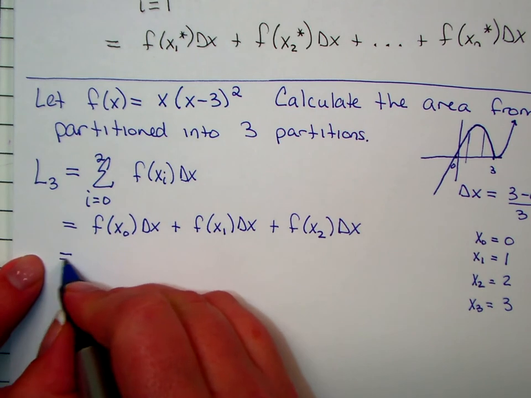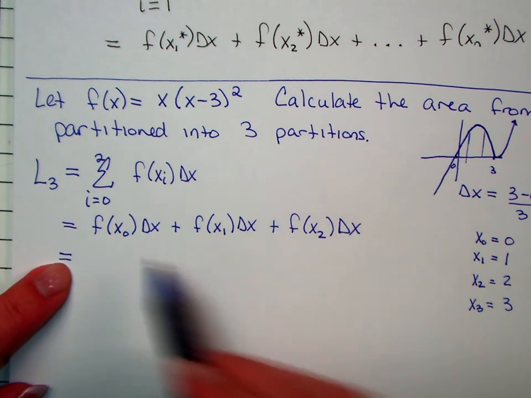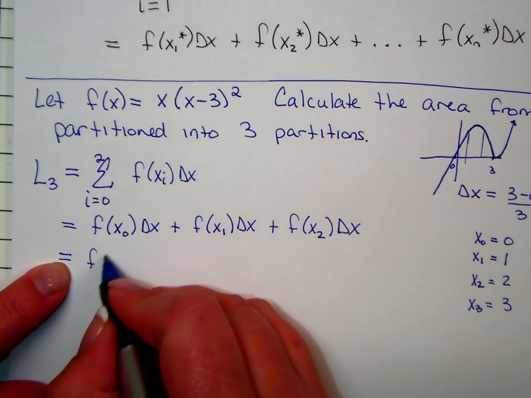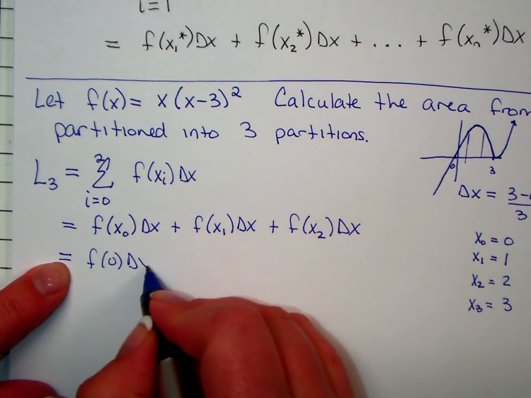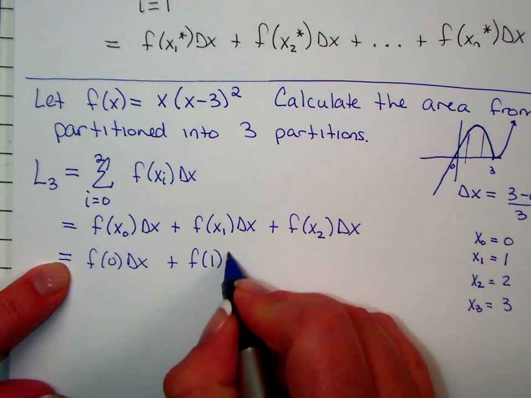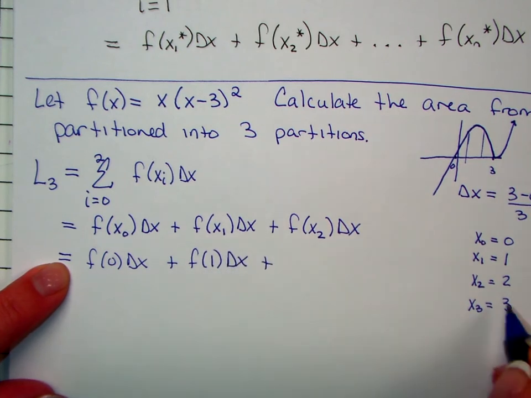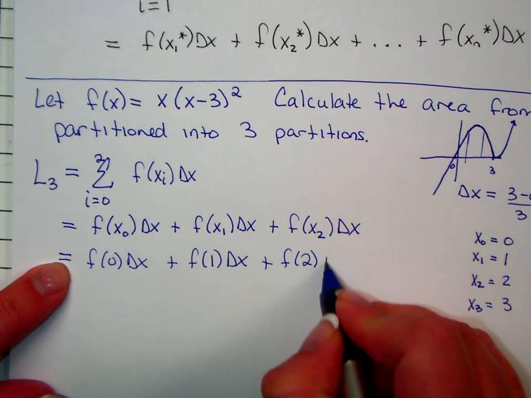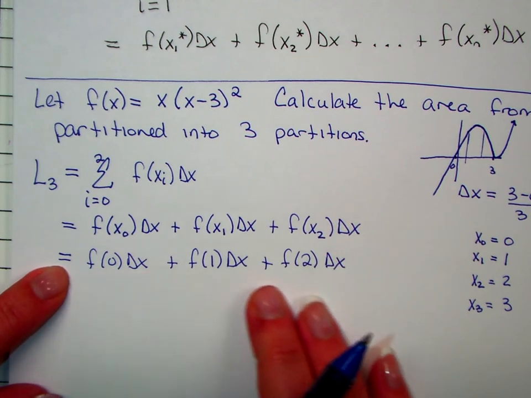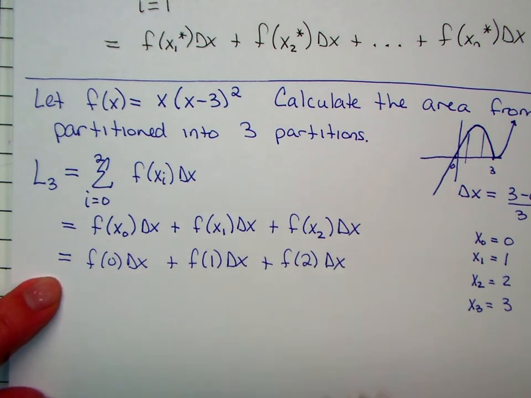So the function at x of 0 is really f of 0, right? Times delta x. x of 1 is just 1 times delta x, and x of 2 is just 2 times delta x. So I just want to calculate these function values here, right?